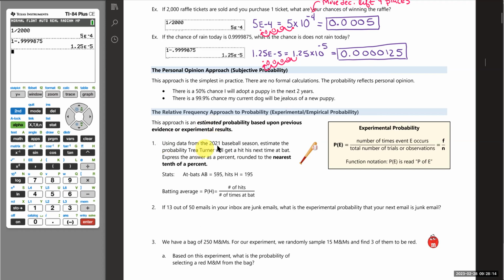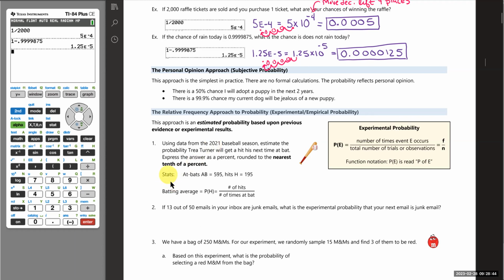So I looked at the 2021 baseball season and baseball player here, Trey Turner, and we were going to see if we could estimate the chances that when he goes to bat, he gets a hit. So if the only thing I have to go on is how he's performed in 2021, then I would be using his data from 2021 to estimate what will happen moving forward.